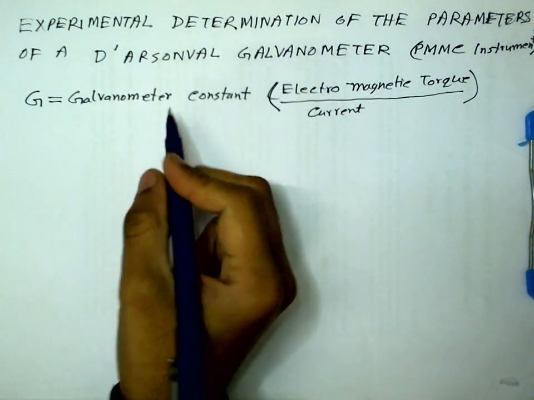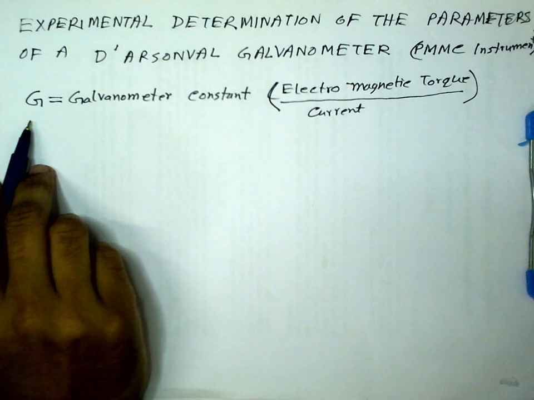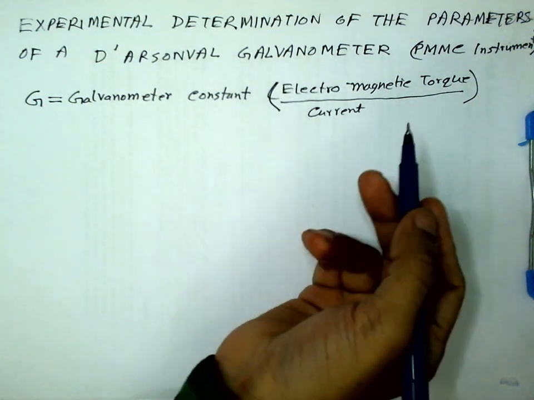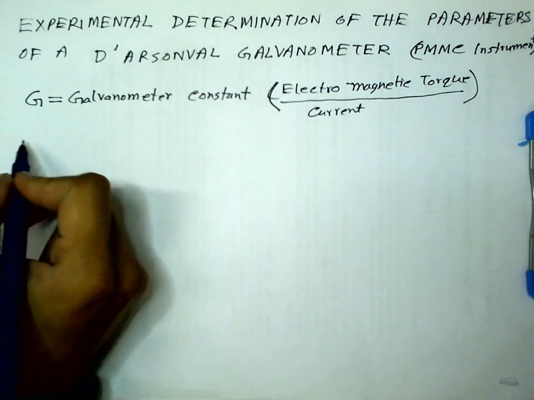So this we will call the galvanometer constant G, and this is basically the electromagnetic torque produced per unit current.